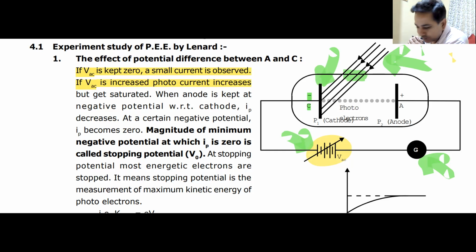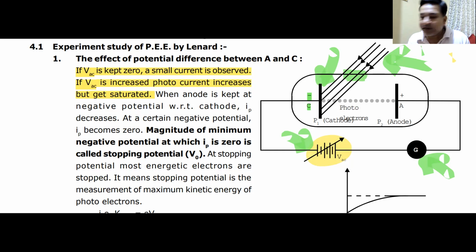We all understand this, right? But nothing comes for free and nothing keeps going forever, because then the universe will not work. This current cannot keep on increasing always. There is a point where it gets saturated. Do you understand the meaning of the word saturated? It becomes constant. It will not increase at all. Yes or no? That's it. So this yellow thing is the only thing that you must remember, and we're done.